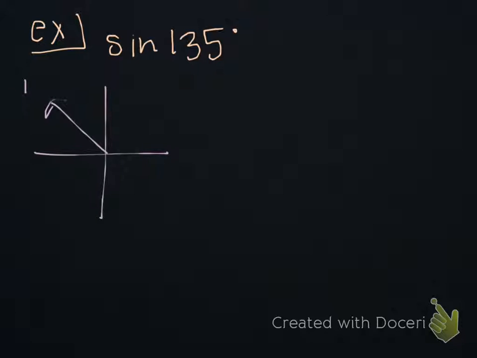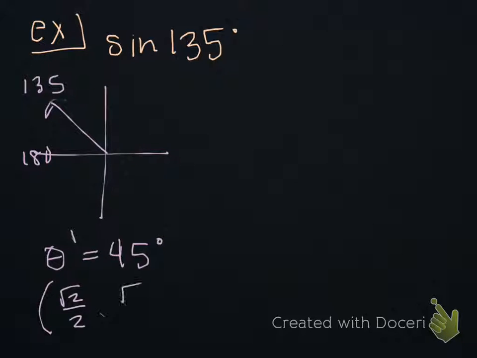The goal of the reference angle is to find the distance from the terminal side to the x-axis. So the difference between the two would be 45 degrees. And since we're dealing with 45 degrees, I know the coordinate is root 2 over 2 and root 2 over 2.